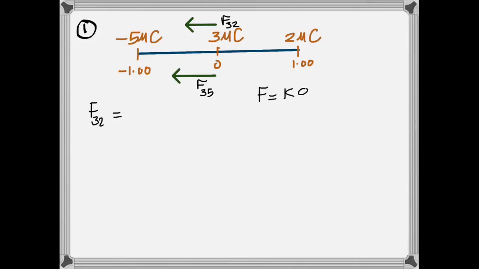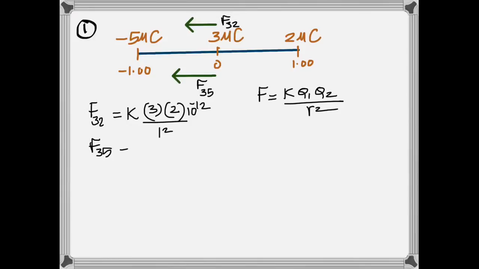And the force on 3 due to 2. Remember, the formula is KQ1 Q2 by R squared. 3 times 2, both are in microcoulombs, so I'm going to put 10 to the negative 12. It's 10 to the negative 6 times 10 to the negative 6. Okay. Similarly, force on 3 due to 5, again 10 to the negative 12.